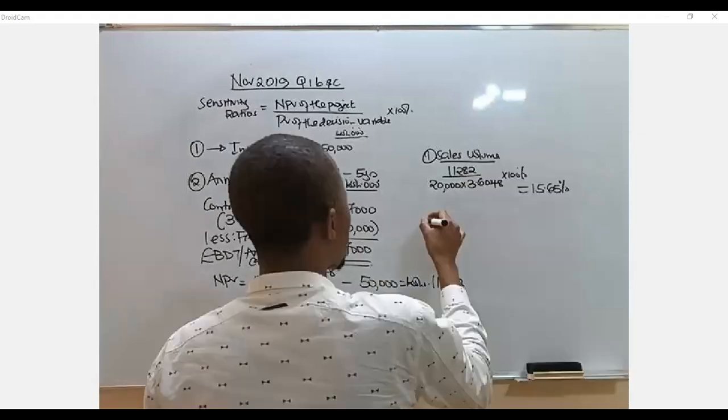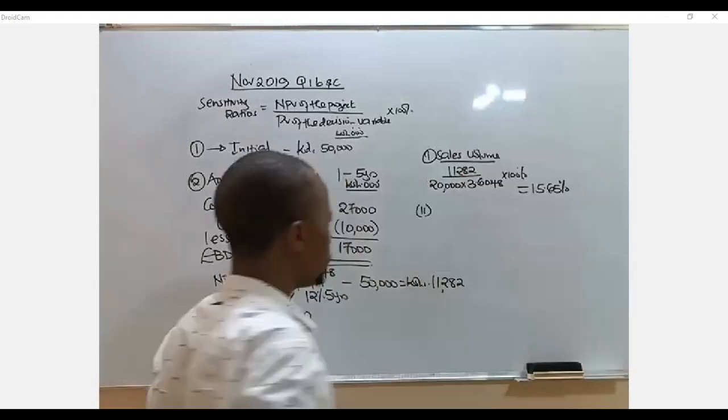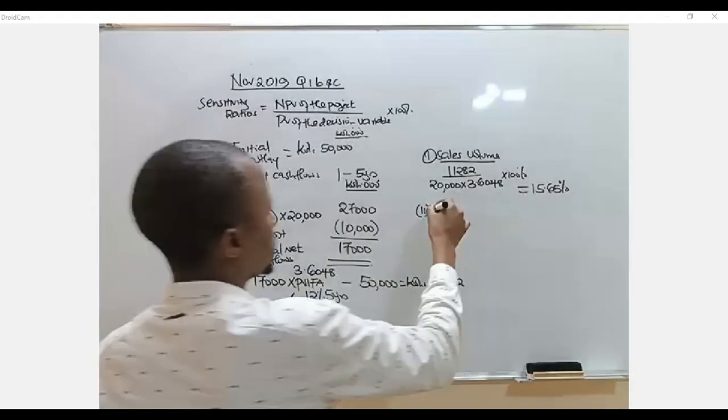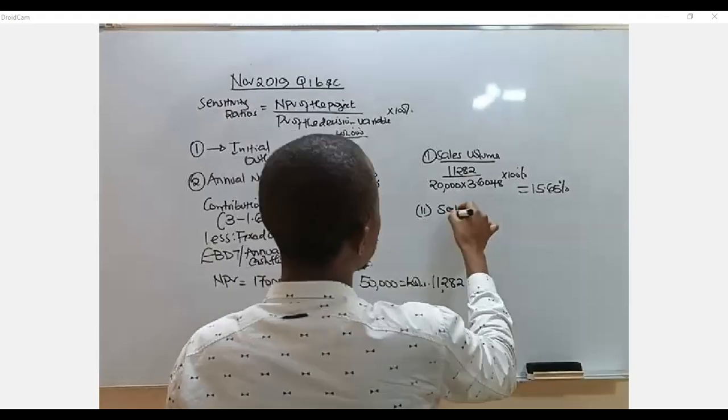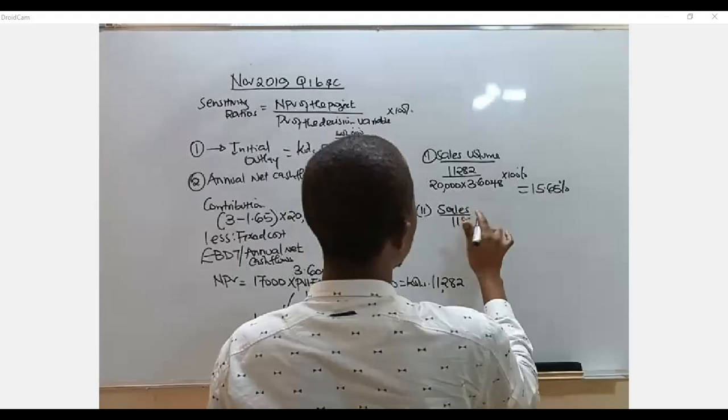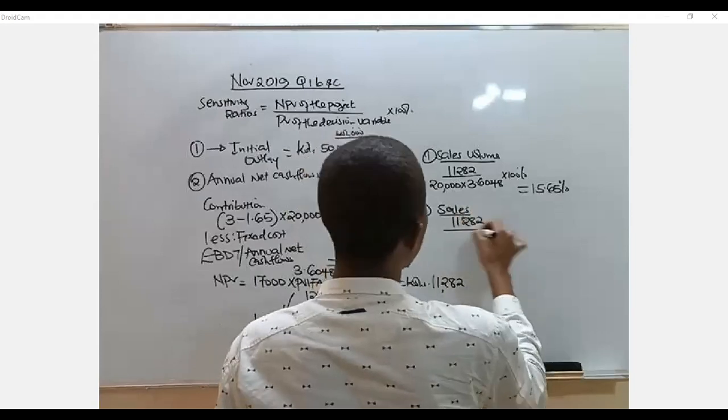Let us go to number 2. We have been told the sales price. What is our total sales? Take the NPV of the project, 11,282, and divide by the sales.